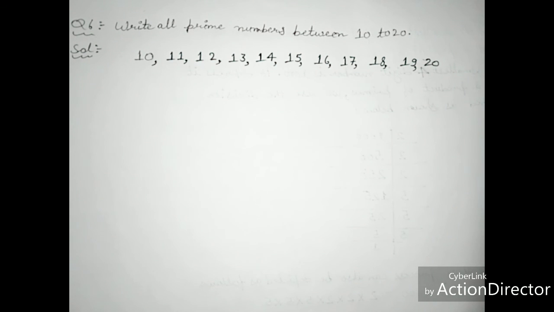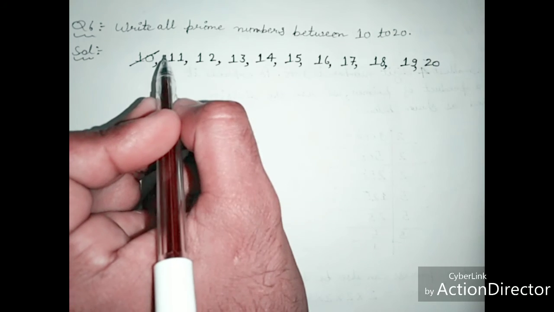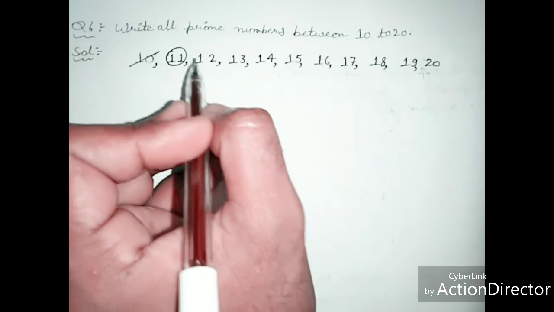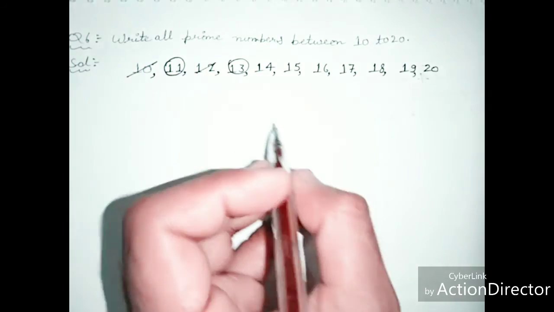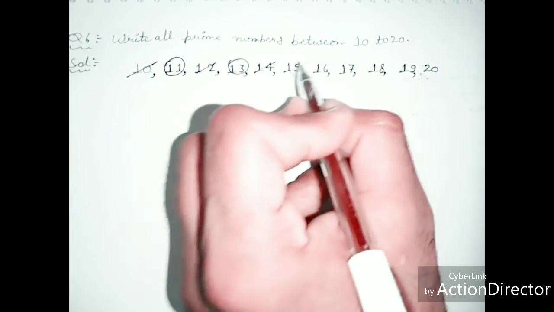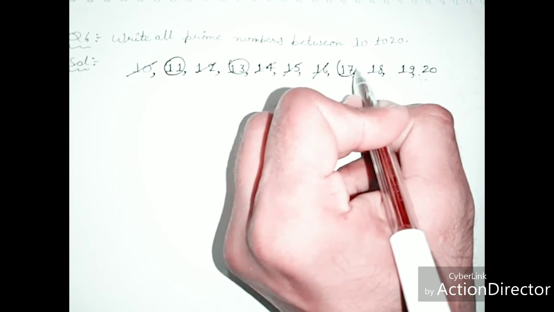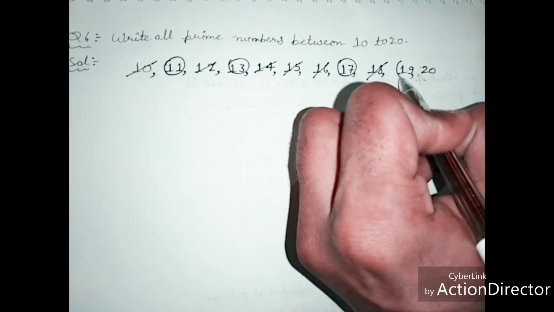Now here 10 is a composite number, so we cut it, and 11 is a prime number, so we circle it. 12 is composite, so we cross it out. 13 is a prime number, 14 is composite, 15 is composite, 16 is a composite number, and 17 is prime, 18 is composite, 19 is prime, and 20 is composite.